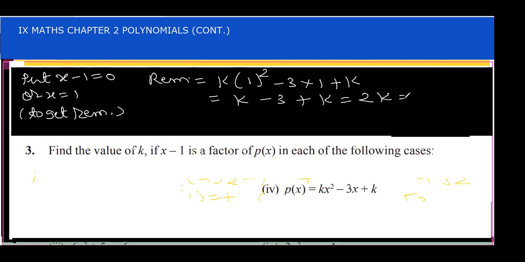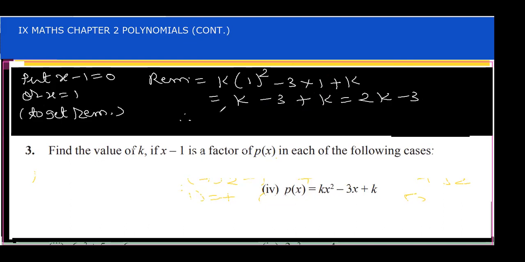So that is 2k minus 3. k plus k, see here, this 1k plus 1k, 2k minus 3. लेकिन रिमाइंडर 0 के इक्वल हो जाना चाहिए.